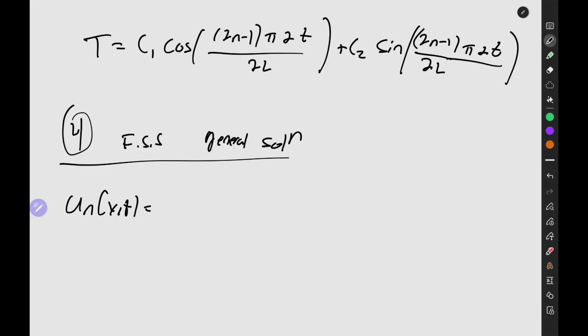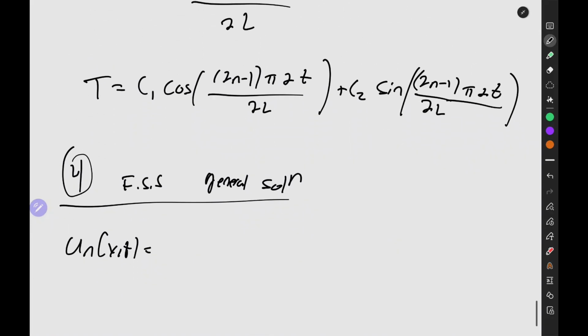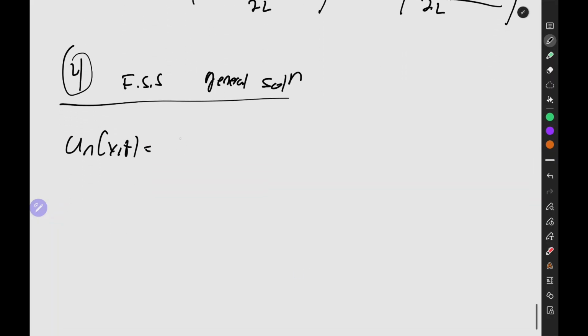Once again, I'm going to use the same notation that I did in the last video when I use C and D. So when I multiply all these constants together with the C_n that's up here, they're going to become C and D. So C1, C2 times C_n is going to become C_n and D_n. They're both new constants, even though I'm calling one of them C. I just want to stay consistent with my notes. So we have C_n cosine.